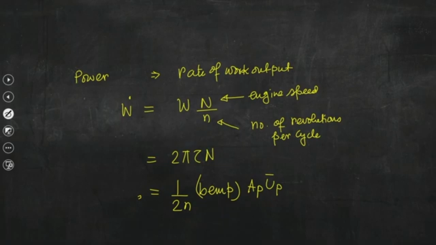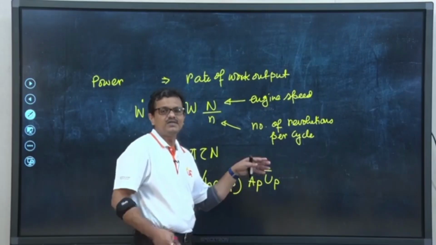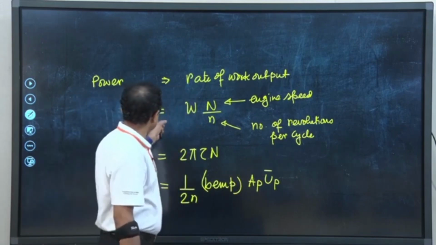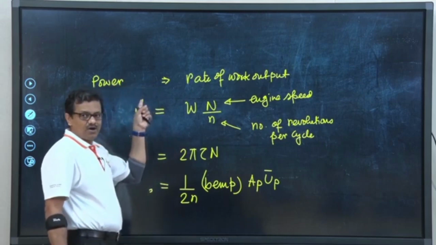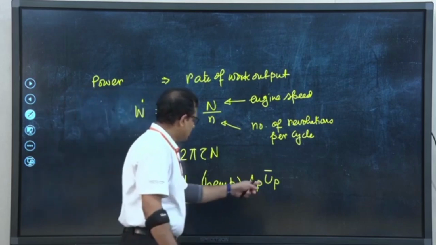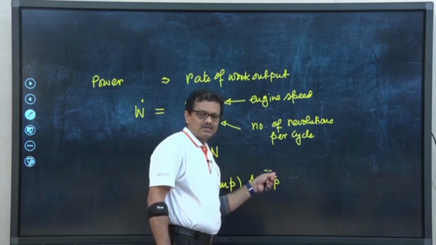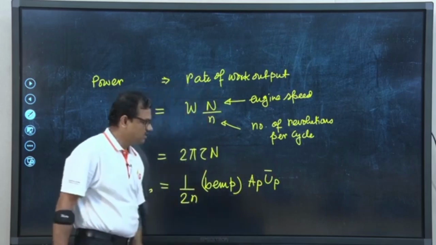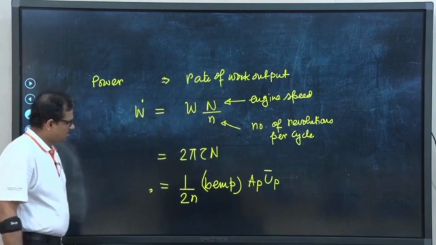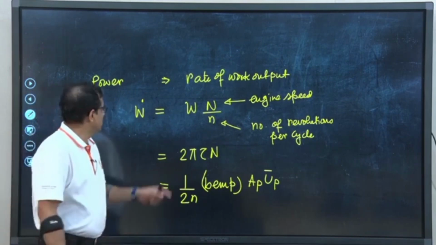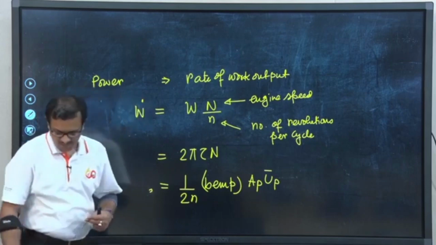So, 1 upon 2 n brake mean effective pressure into AP into UP, where AP is the piston area and UP is the average piston speed. So, that will give the displacement volume. Okay. Because we are trying to express this quantity in rate form, with change in time, the AP into UP is the rate of change of displacement volume. So, these are the several forms of the power. So, we can also calculate power.